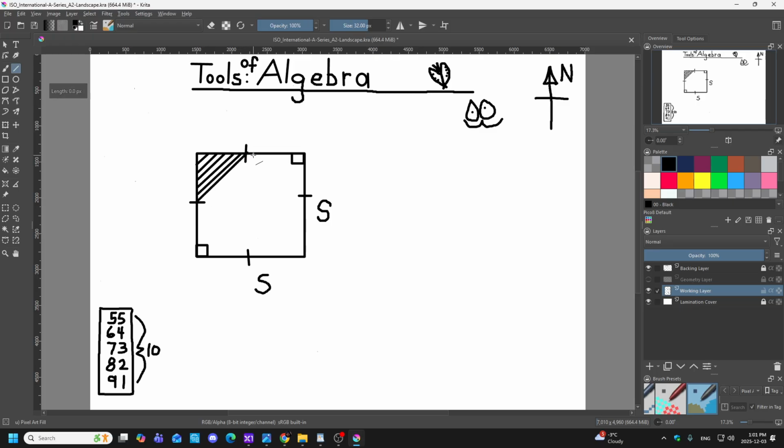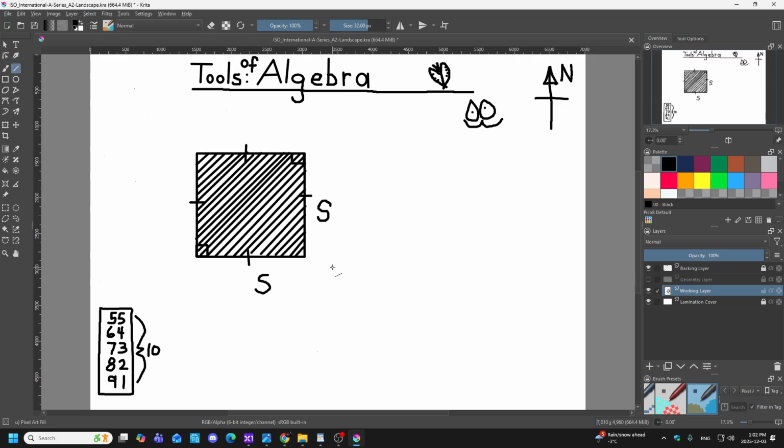So far so good. Not bad. I know, isn't this exciting? Drawing 45-degree lines. All right, amazing.